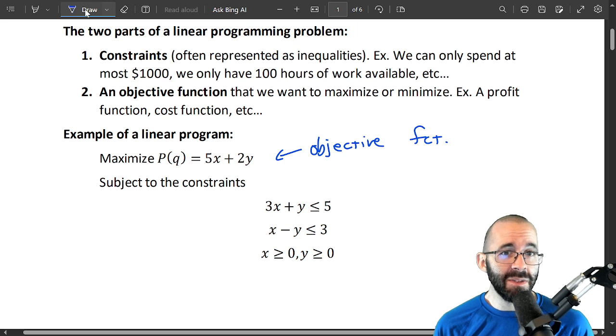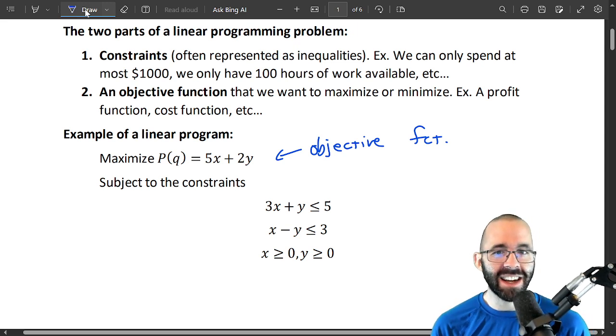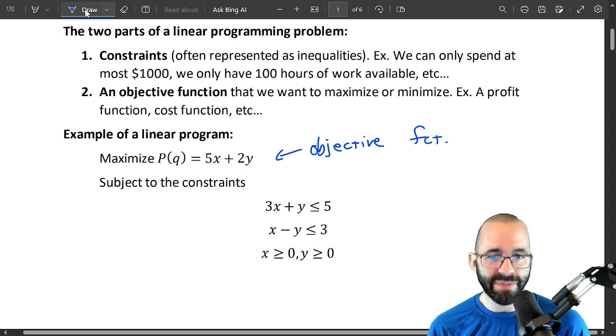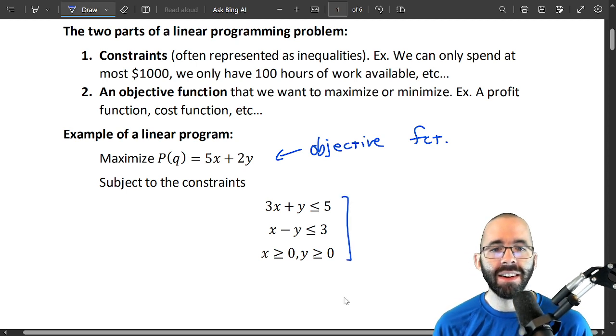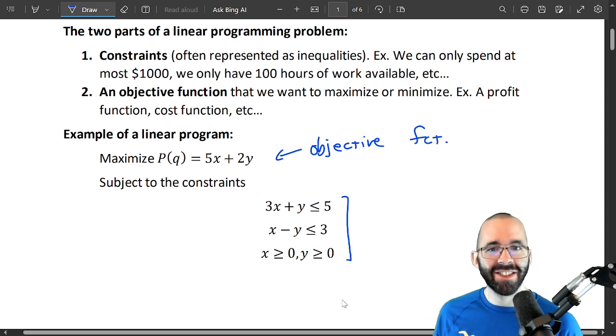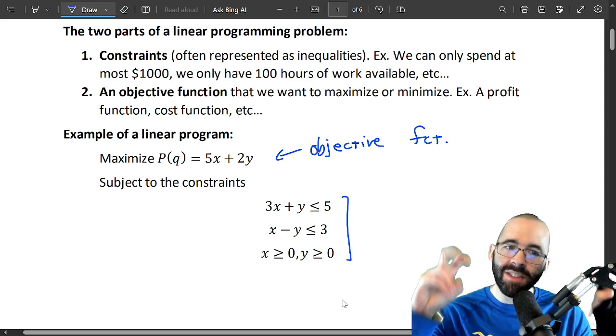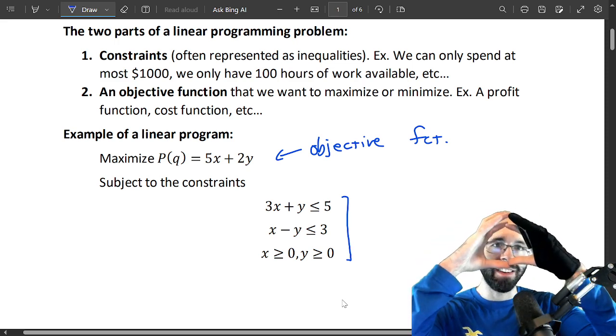Usually, if you can get here, you've done the hard part. A lot of times in this section, the hard part is actually putting it in this form. Okay? And notice what we have right here. This is a system of linear inequalities, right? These constraints that we have, these requirements that we have to follow, this describes a region.